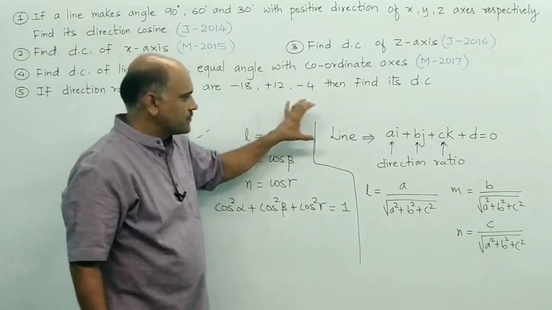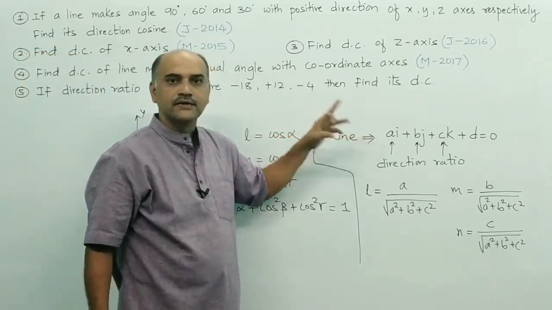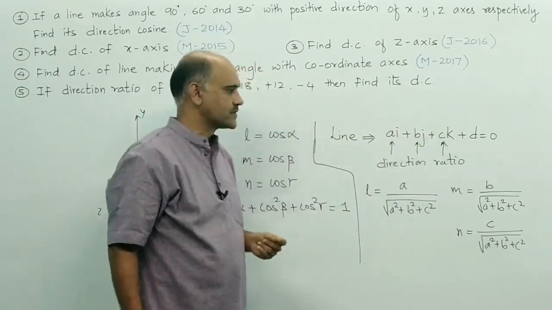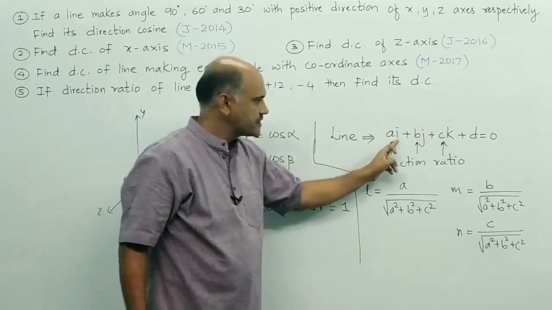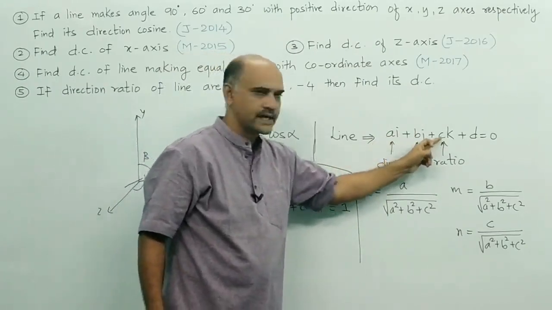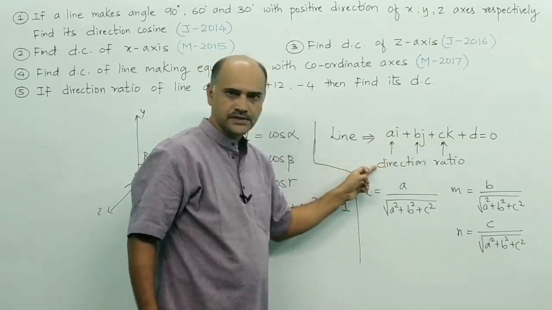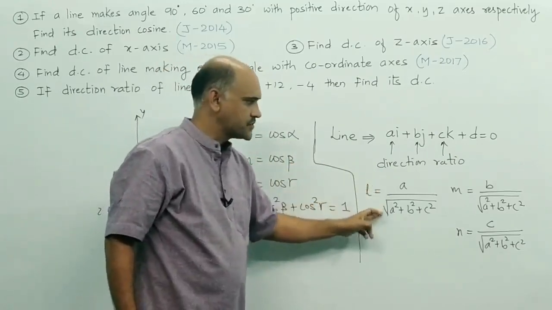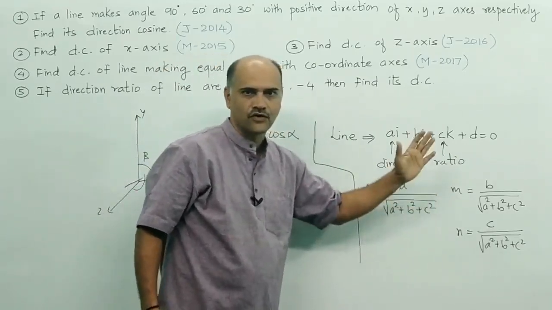Now suppose we denote a line in vector form, AI plus BJ plus CK plus D equal to 0, then the coefficients of I, J, K are called direction ratios. Then the relation between direction cosine and direction ratio is given by these formulas.